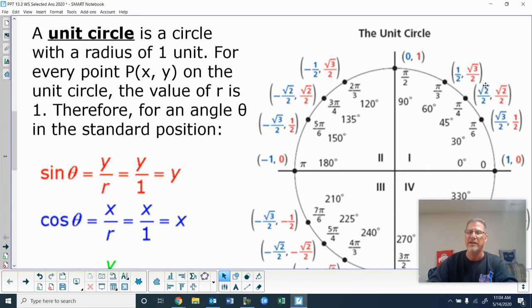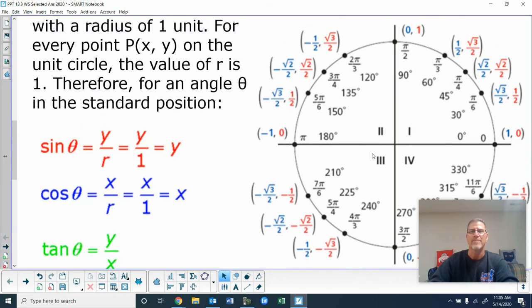So my hypotenuse, if I were to draw right triangles in all these, would always be 1. And these are 30, 60, 90 right triangles and 45, 45, 90 right triangles. But again, we're not even using those. We're just looking at the unit circle to help us answer the questions.